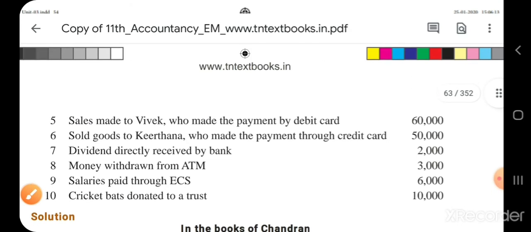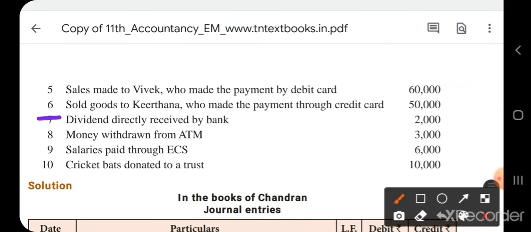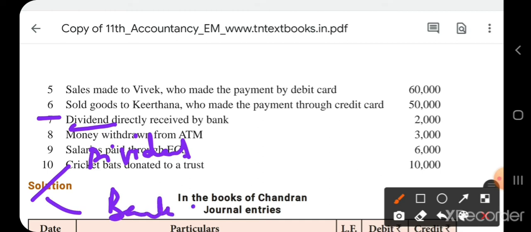The next transaction, dividend directly received by the bank. Dividend account and bank account. Here bank is a personal account, dividend is a nominal account. Nominal account, what is the rule? Debit all expenses and losses, credit all incomes and gains.